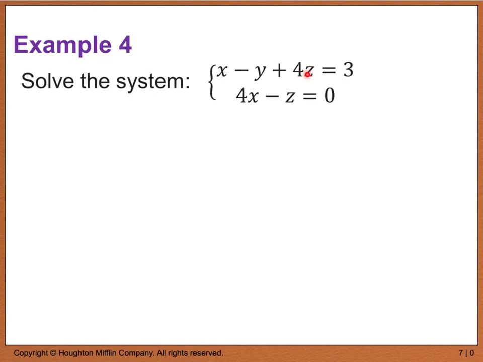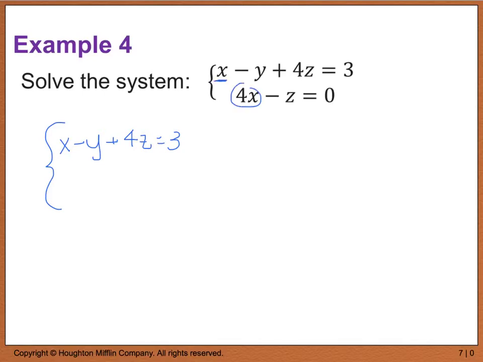In this equation, our top equation is going to be left alone because of that coefficient of 1. So I'm going to rewrite x minus y plus 4z is equal to 3. And now I have to come up with a new second equation. Well, I notice that I have a 4x here and a 1x here.